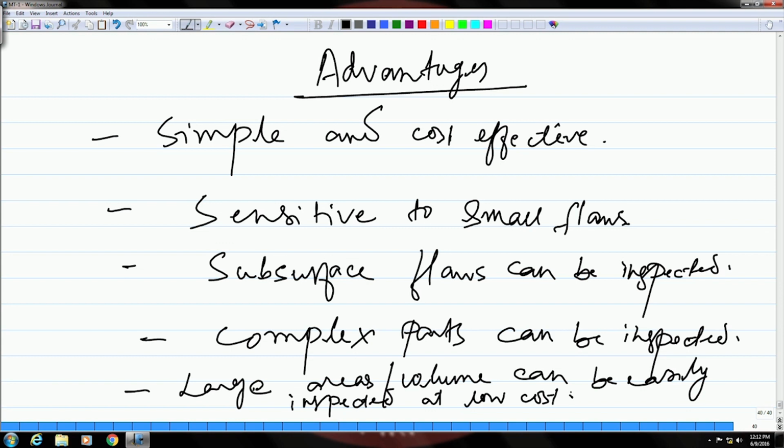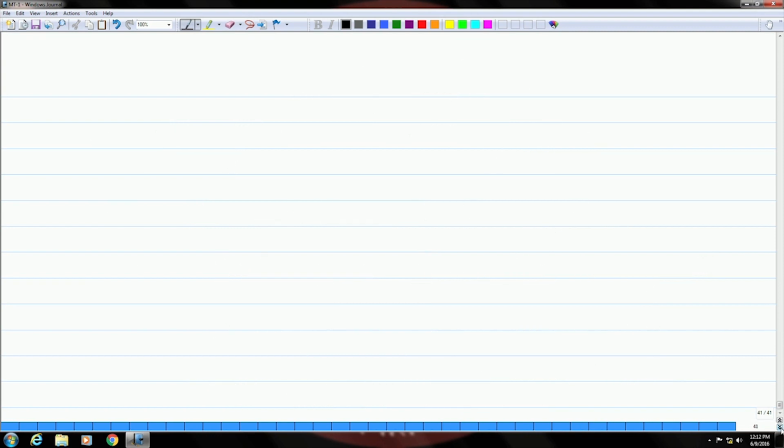Okay. So, these are the advantages that this process offers, but like any other process, this will also have its own disadvantage also. So, let us have a look at them.